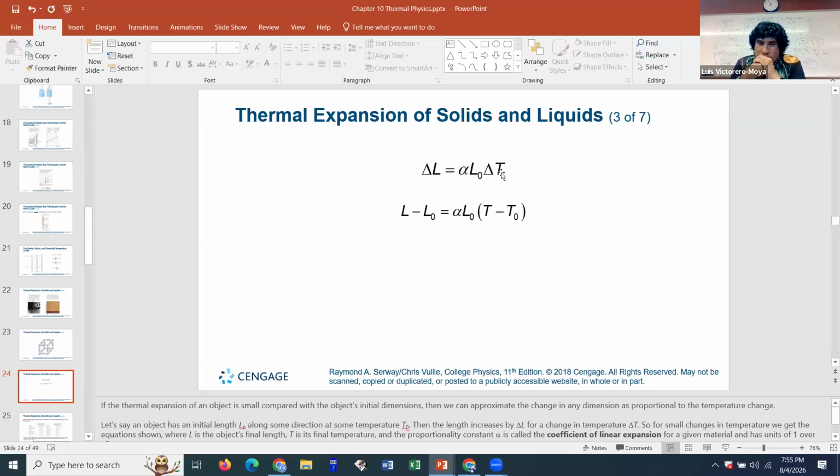So it's about not just memorizing, but knowing what you are talking about. If you're talking about heat, thermal expansion, temperature, delta T is temperature change. But if you're talking about motion, oscillations, circular motion, capital T is period.